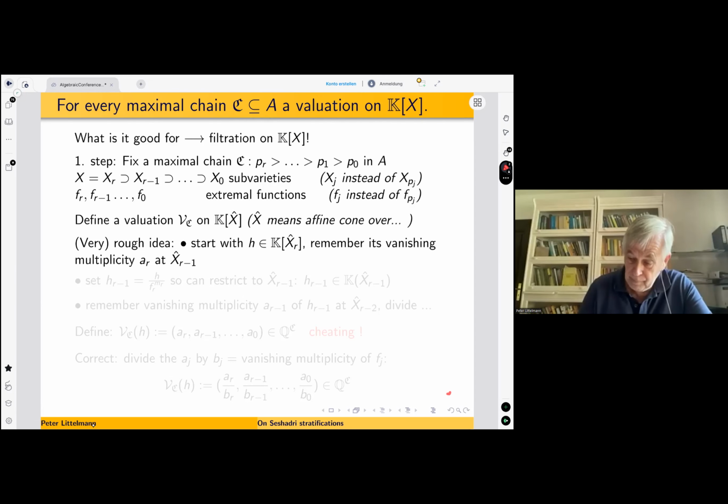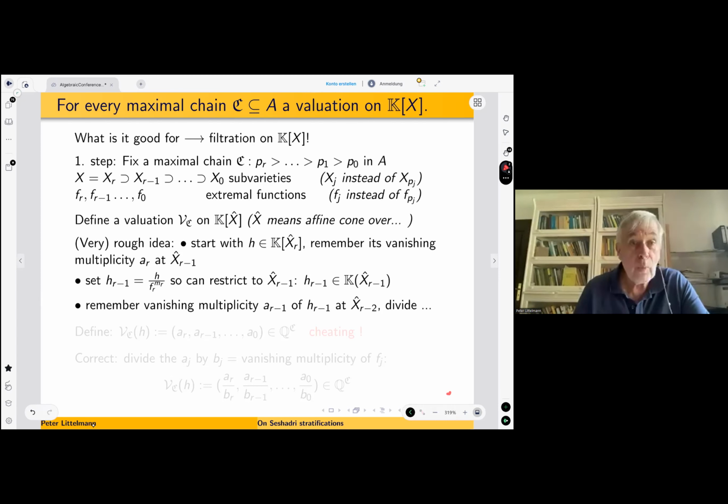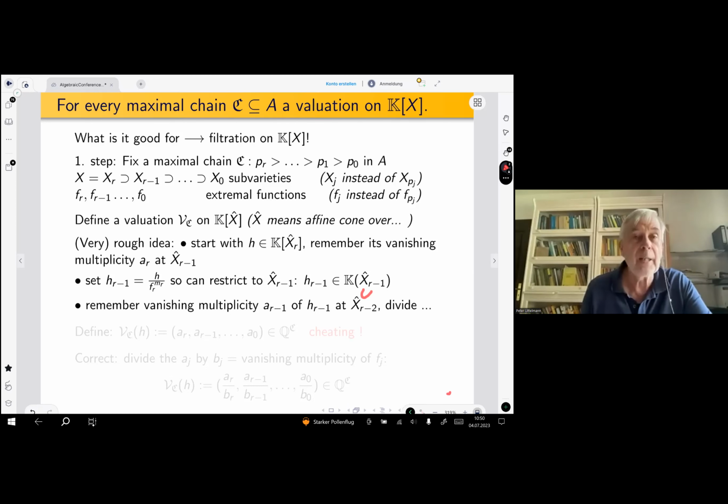Now I also have my collection of extremal functions. I know that my extremal function f_r vanishes on this divisor. So let's assume we can find an appropriate power so that h divided by this power of my extremal function has vanishing multiplicity 0. So I can restrict it to this divisor and it becomes a rational function there. Then I proceed: in my maximal chain I have another variety, which is a divisor in this one.